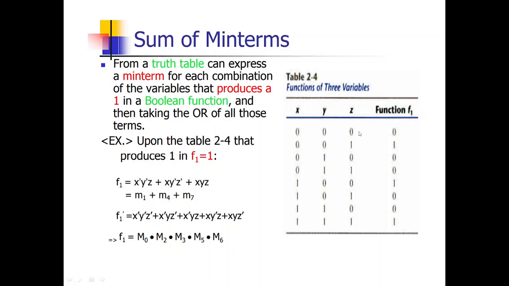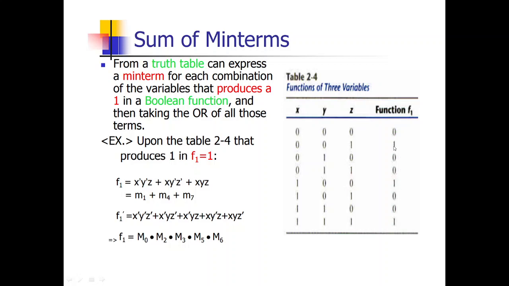Generally, we have a truth table here. We have considered an example truth table. All 3 of x, y, z are considered as the input variables and f1 is the output, right? In this f1 output, which are the min terms having 1? See here, this is 1, this is 1, this is 1.